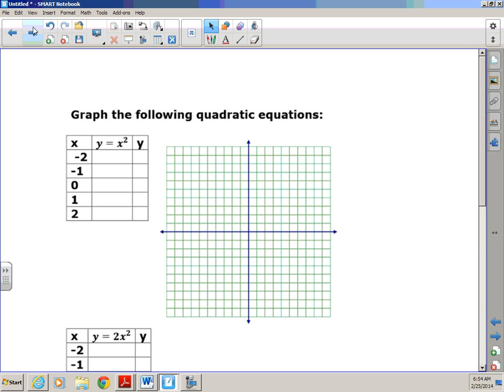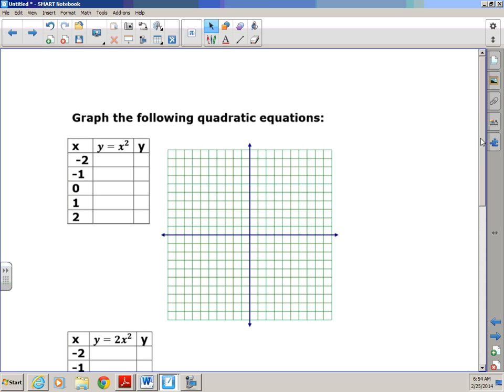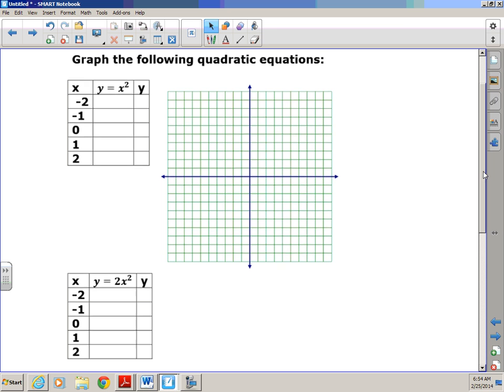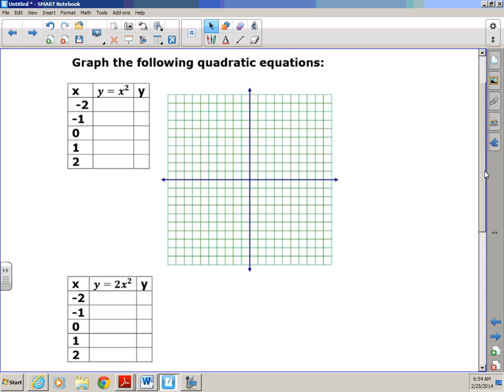Now, we want to take a look at what happens when we multiply x squared by a value. I'm doing this again only because I want you to be able to visually see how the parabola changes. So blue is my original.